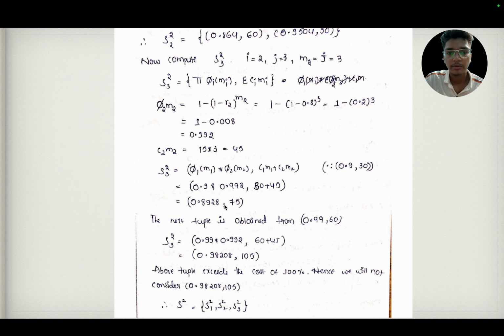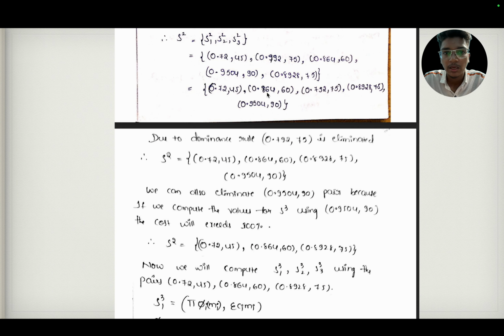We have multiplied and we get S3 of square: 0.8928 comma 75, and obtained from 0.99 comma 60, here 0.98208 comma 105. Here we are exceeding the cost of 100, hence we will not consider this; we will cross it out. And we'll go further in ascending order.